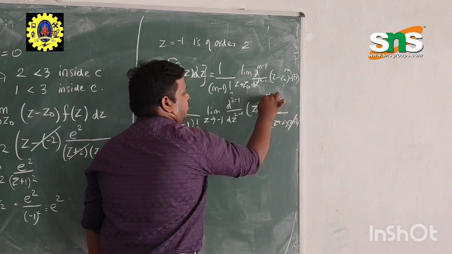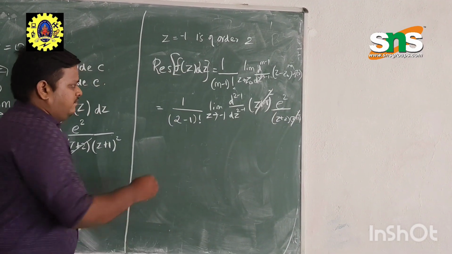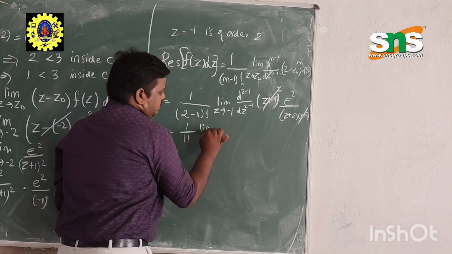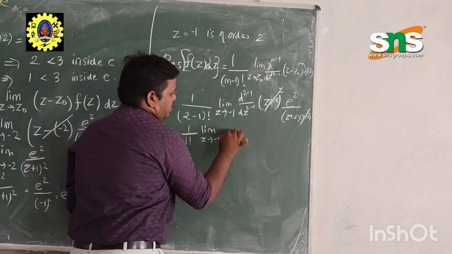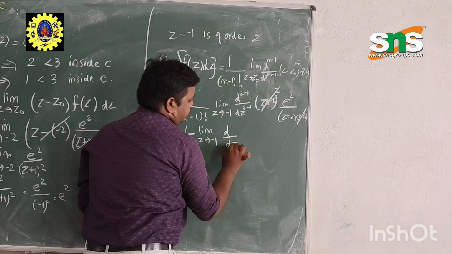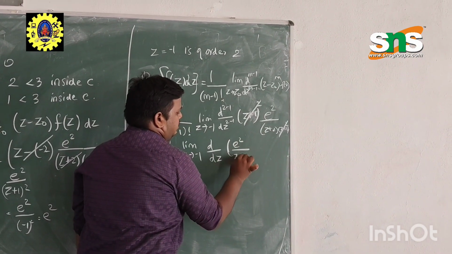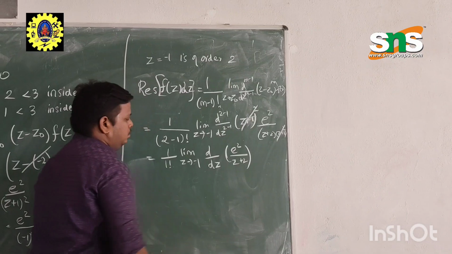Cancelling (z plus 1) square, I get 1 by 1 factorial, limit z tends to minus 1, d by dz of e power 2 divided by (z plus 2).